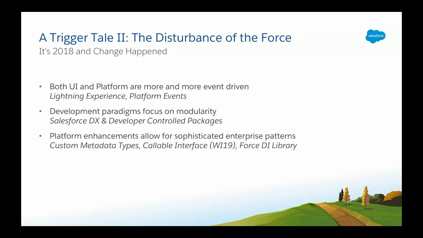Well, see, it's 2018, and guess what? Change has happened. We're now facing a completely new Salesforce with Lightning Experience, and that is built on asynchronous events. We also got platform events, which also incorporate asynchronous events on the platform. We have new developer paradigms being built up currently, modular packaging, for example.